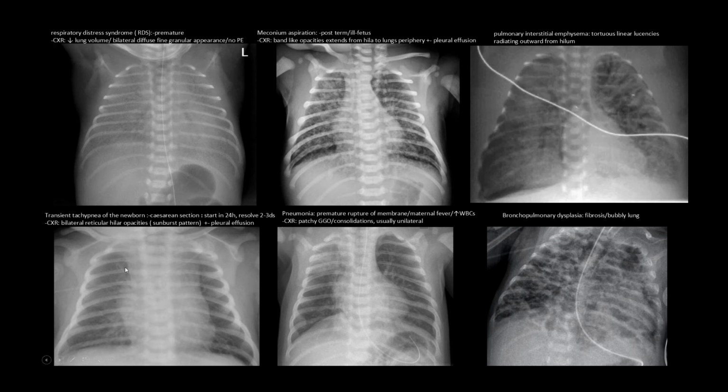Transient tachypnea of newborn appears as bilateral reticular opacities. In meconium aspiration, usually there are dense band-like opacities that extend from the hilum toward the periphery. Pulmonary interstitial emphysema appears as linear lucencies that extend from the hilum in a background of granularity. Bronchopulmonary dysplasia is a cystic lung. And finally, the pneumonia is usually patchy and usually unilateral.